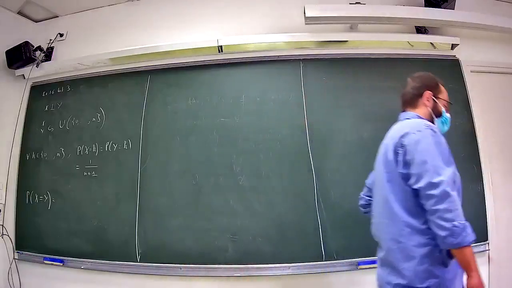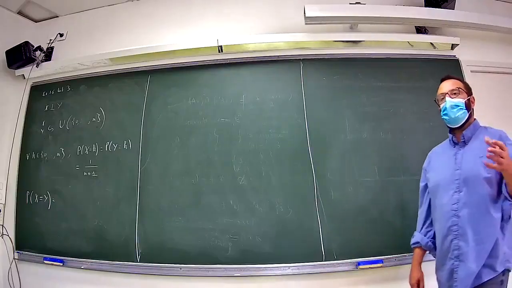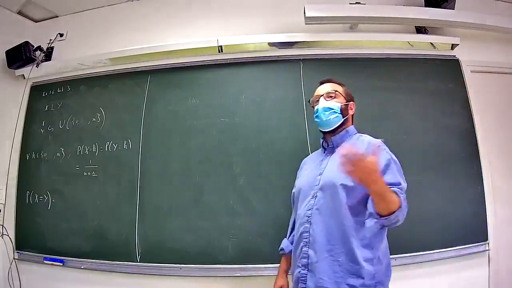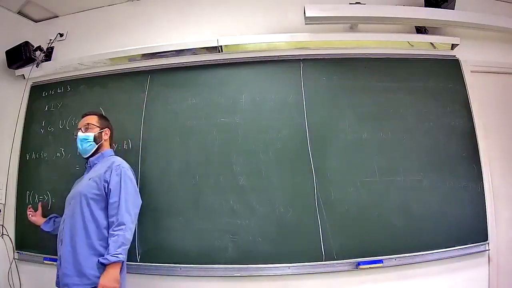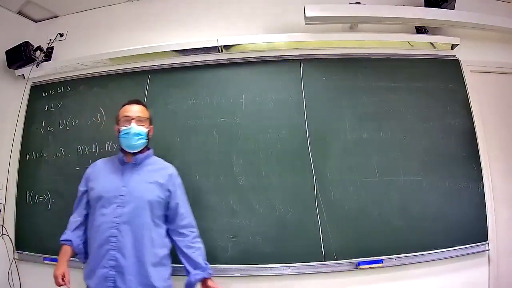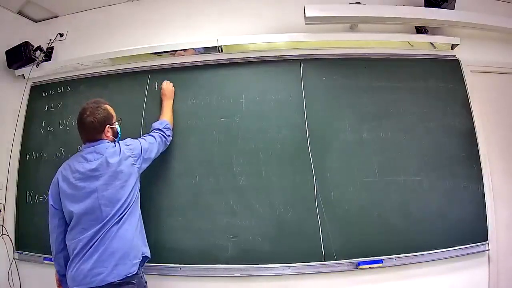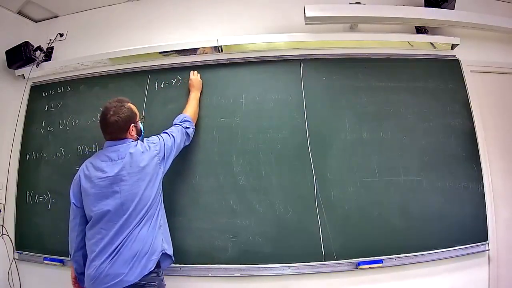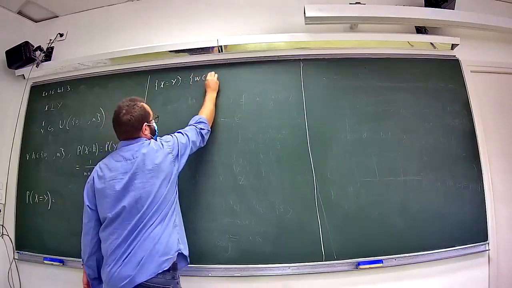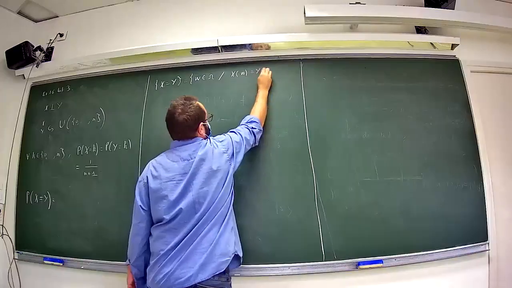We have several possibilities. But I repeat the general idea: when you have a probability to compute, first of all you have to understand what this set is. In fact, what is the set X equal to Y? I remind you that this is the notation for the set of the omega belonging to the universe such that X of omega is equal to Y of omega.